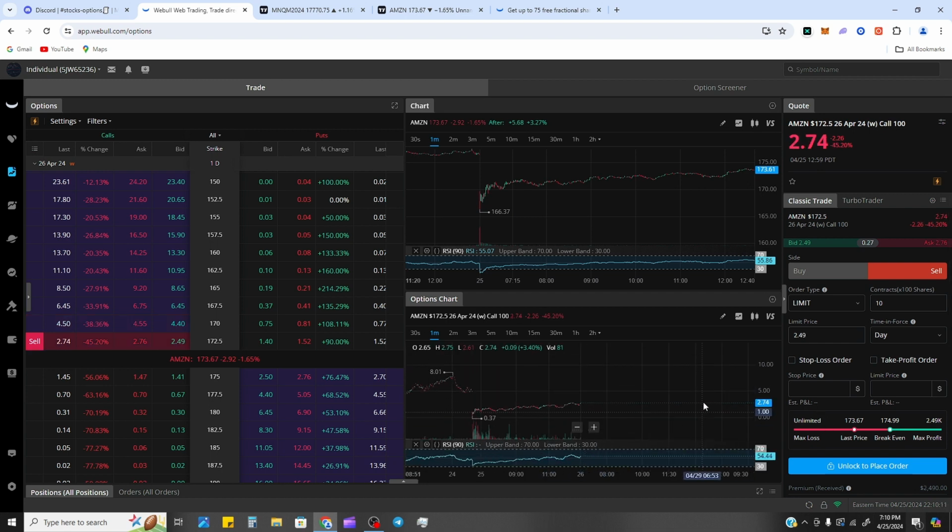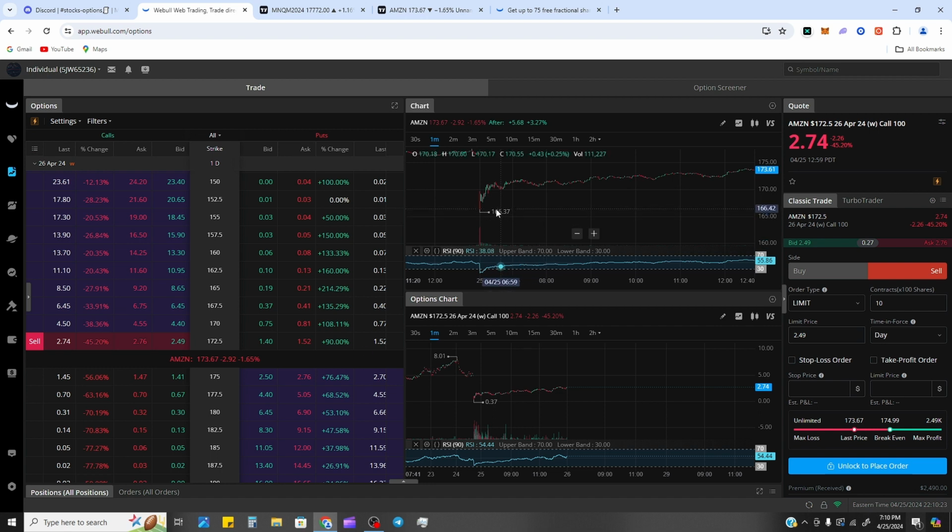172, dang, it went all the way from 37 cents. Now it's at 274. Huge moves, guys. I don't think I would have gone as far out as 180, because think about it. The price hit 166. We basically would be buying an out of the money call option at 180, which is very, very risky, because the move needs to be really big.